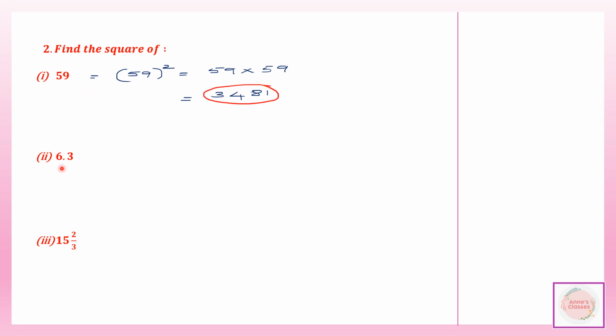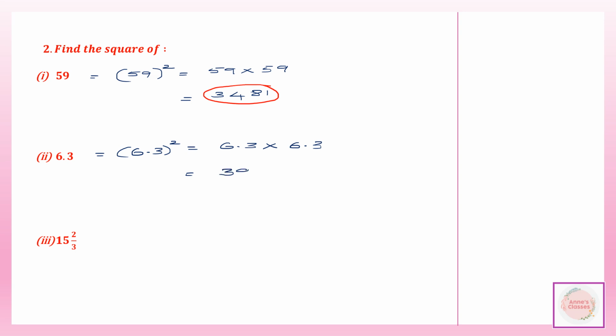Now we have to find the square of 6.3. So how do we write that? The square of 6.3 is 6.3 raised to the power of 2, which is 6.3 into 6.3. When you multiply, we remove the point and multiply 63 into 63.